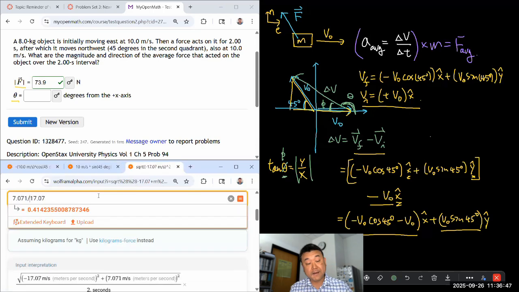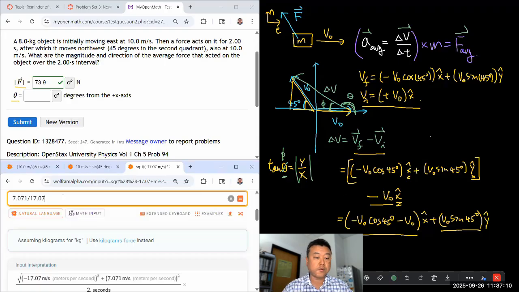And this time I'm not plugging in any unit, because even though this is technically about the angle of delta v, the way kinematics works out, average acceleration is in the same direction as delta v, and force has the same direction. So I can just work out the direction from delta v, and it'll be the same direction that the force will be.